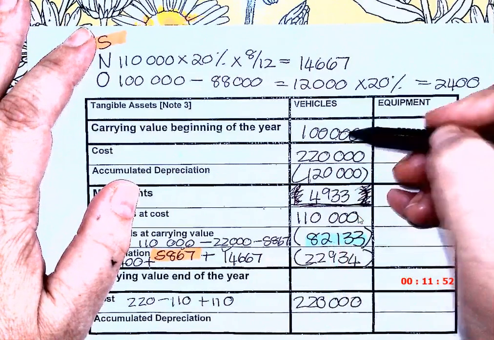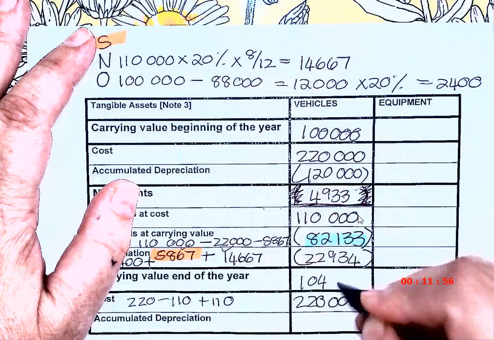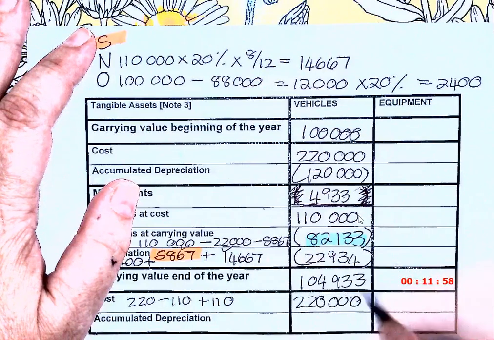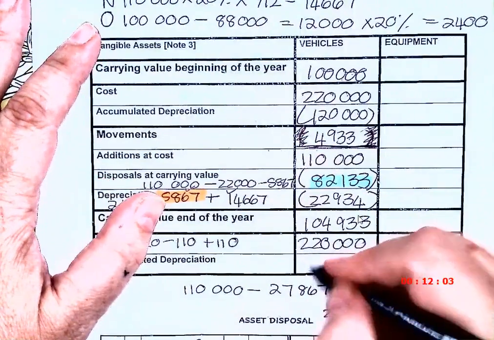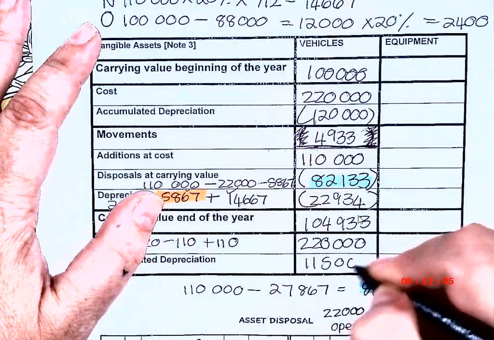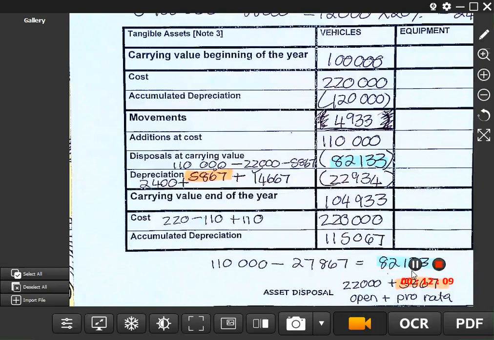Okay, so 100 plus 4933 gives me 104,933. Less 220 gives me 115,067. And there it is. Everybody fine? Did you do that? I think only 2 of you did it.